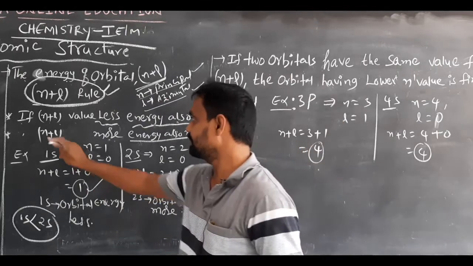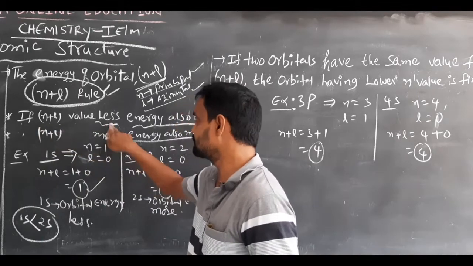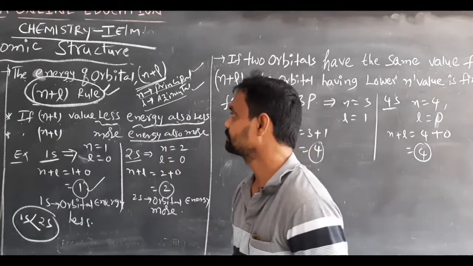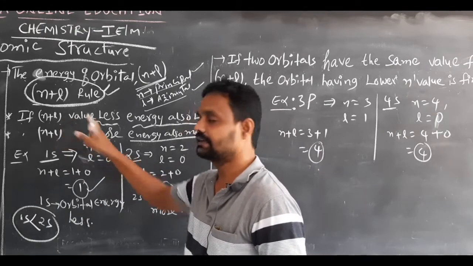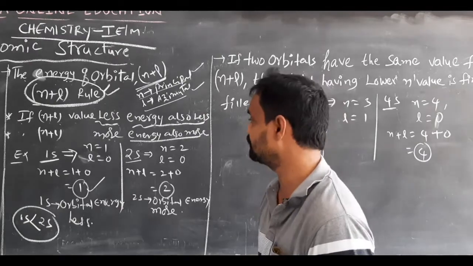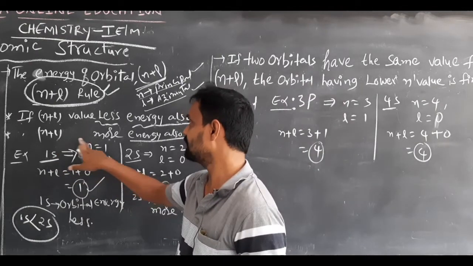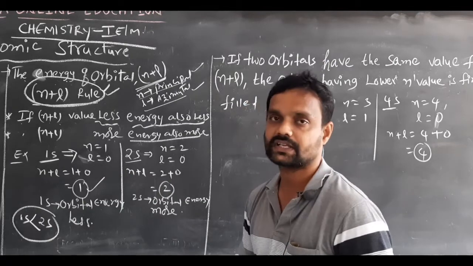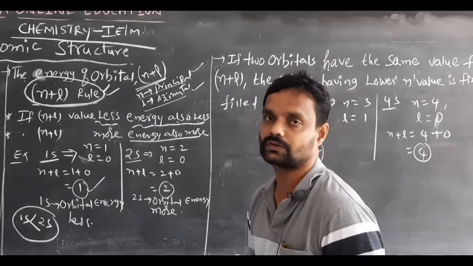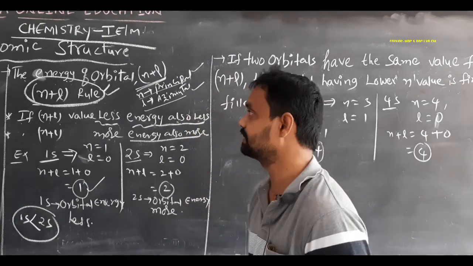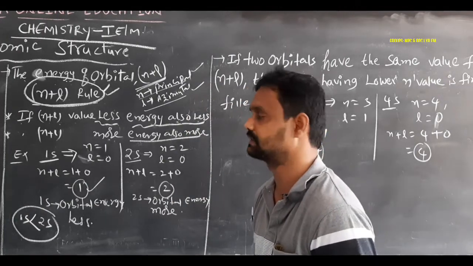If the n plus l value of an orbital is less, its energy is also less. If the n plus l value is more, the energy of that orbital is also more. So from this rule, we can identify the energy of orbitals.